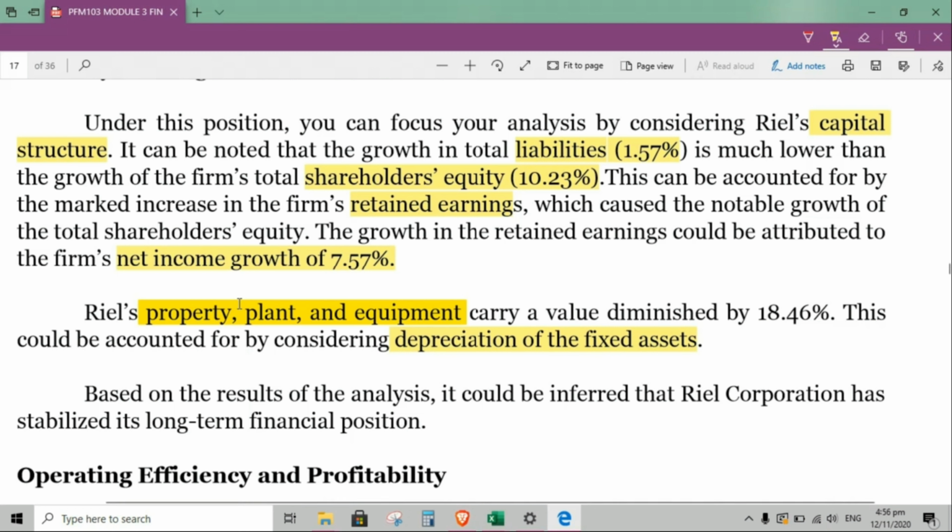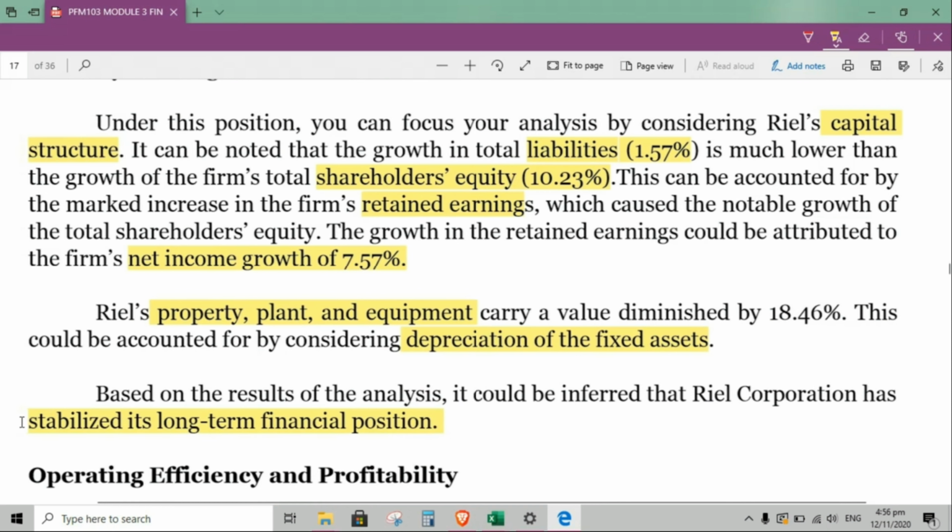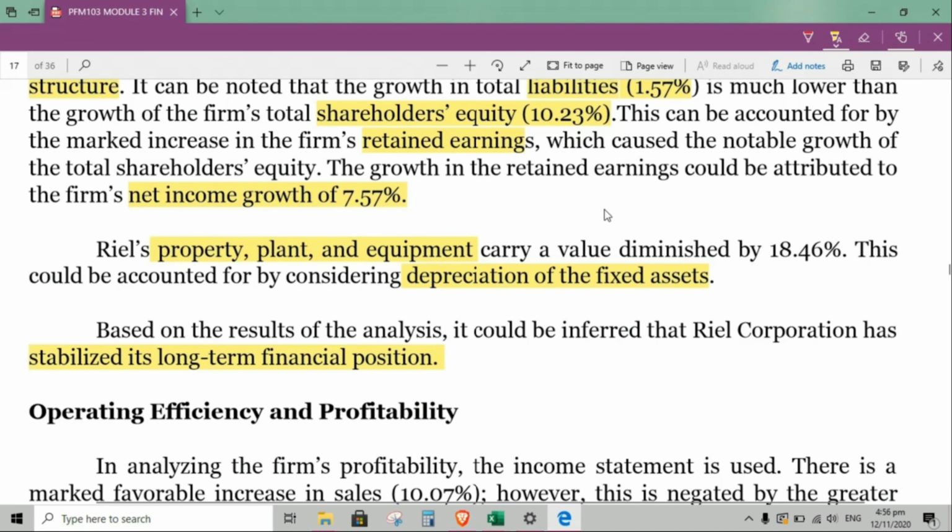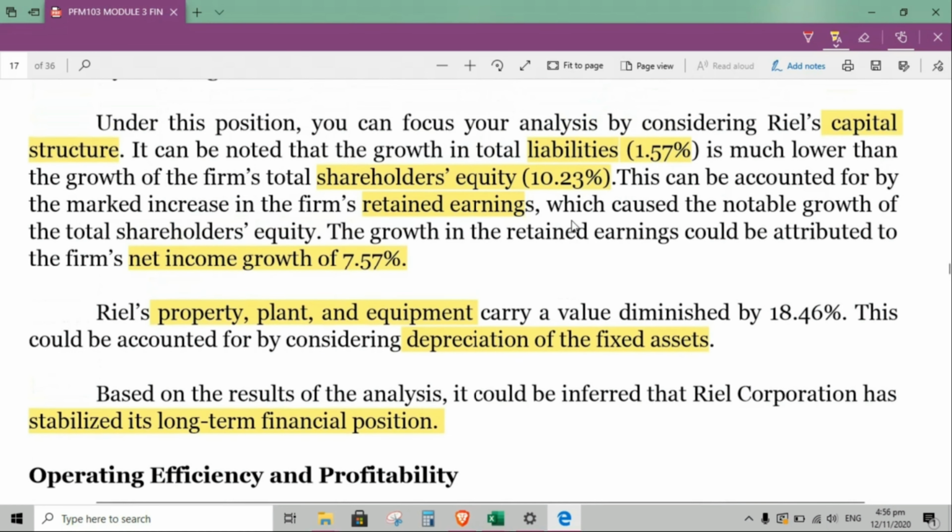And based on the results of the analysis, it can be inferred that Real Corporation has stabilized its long-term financial position. So, bakit stabilized? Kasi yung mahalaga kasi dyan, kahit pa paano, mataas yung iyong shareholders equity. Pagka wala ka ng investors, wala ka ng shareholders, nagsipag-pull out na yan ng kanilang mga investments, ano pang mangyayari sa company mo?